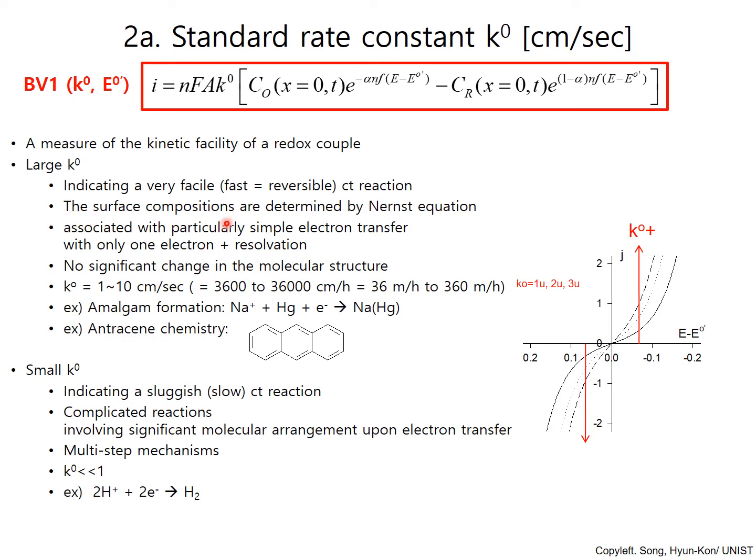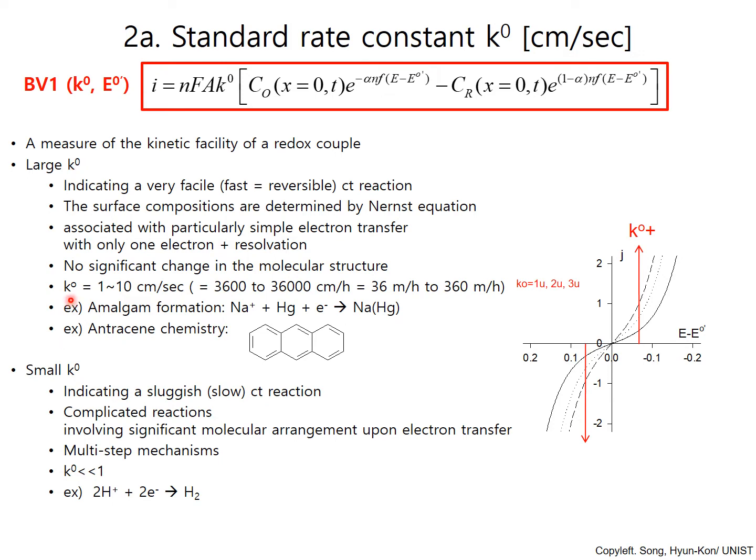This fast reaction is associated with particularly simple electron transfer, usually with only one electron and resolvation. Therefore, no significant change in the molecular structure is involved with the large k0 reaction.